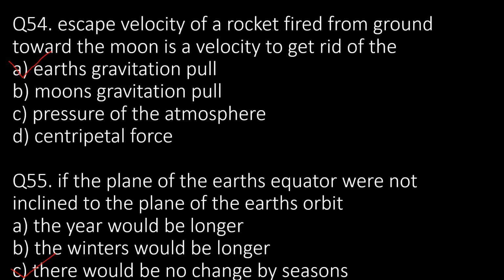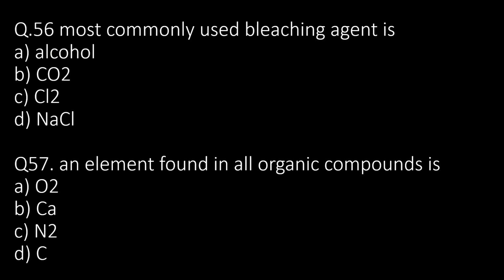Our next question is, the most commonly used bleaching agent is, and the right answer is option C, chlorine, because it is also a very cheap bleaching agent. Our next question is, an element found in all organic compounds is, and the right answer is option D, carbon.